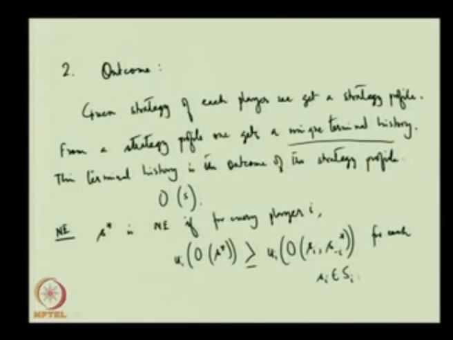From that strategy profile we are getting O(S star) outcome, and from that player I is getting Ui(O(S star)). This payoff must be either greater than or equal to the payoff if player I deviates and chooses something aside from his set of strategies. This deviation is not beneficial for him. It can give him either equal payoff or less payoff. Thank you.